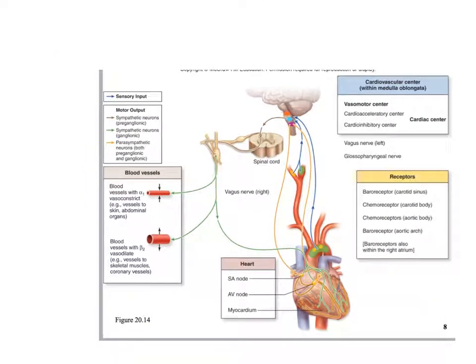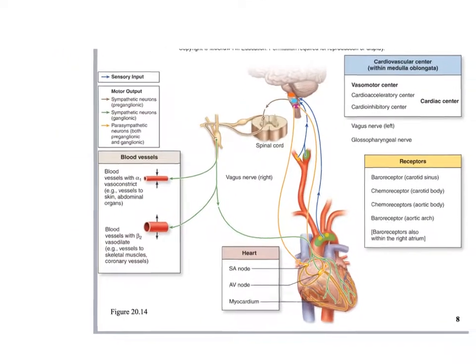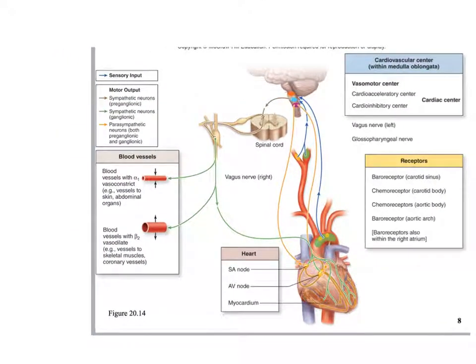This little diagram right here really puts everything into perspective. Okay? Within the brain, within the medulla, you have cardiac centers. You have nuclei, right? Collections of cell bodies within the medulla that will help regulate heart rate.